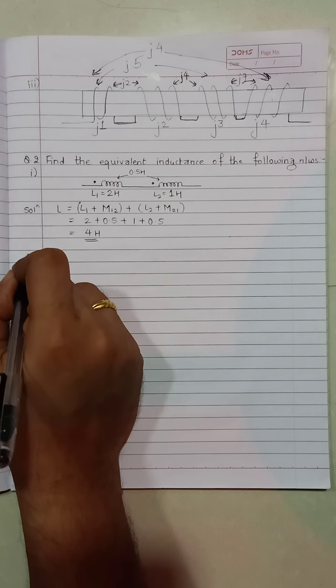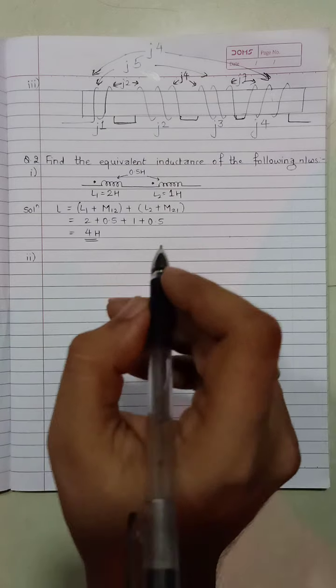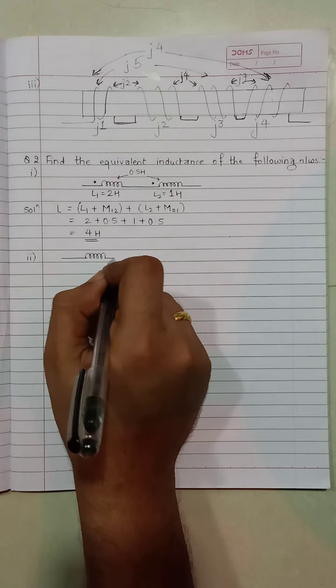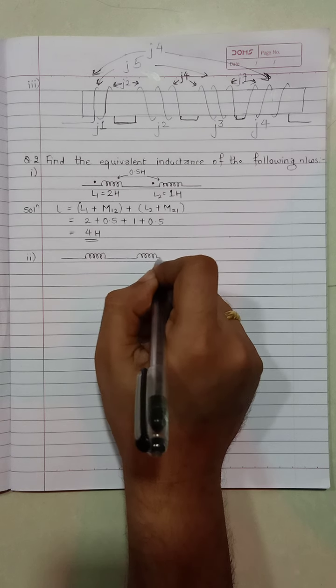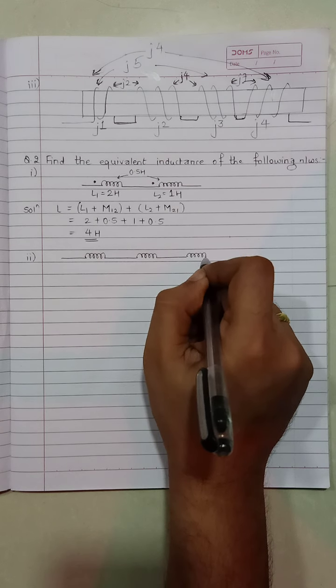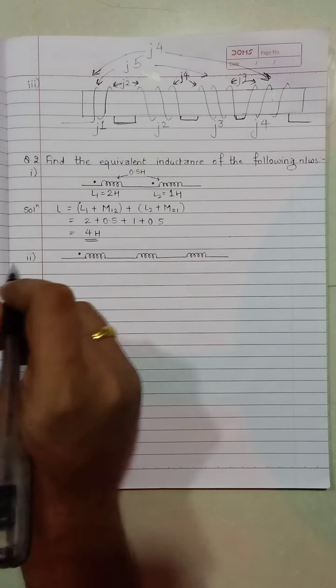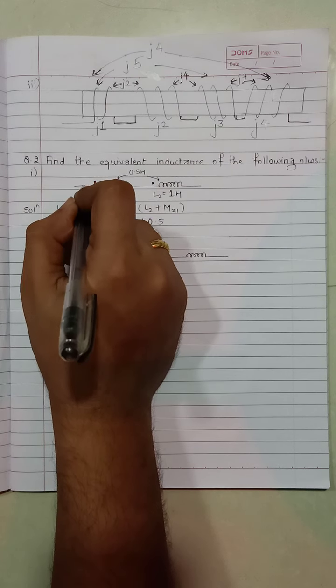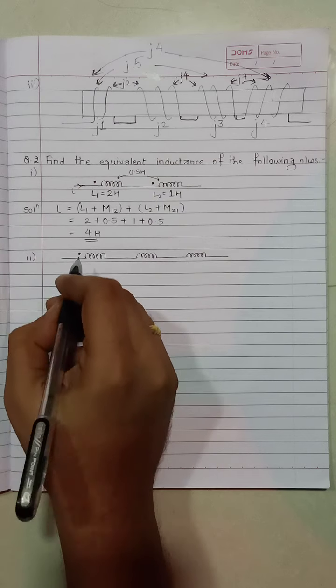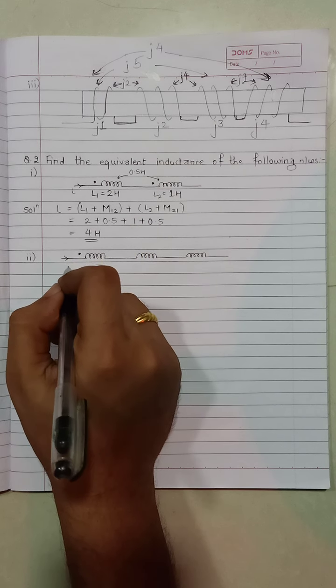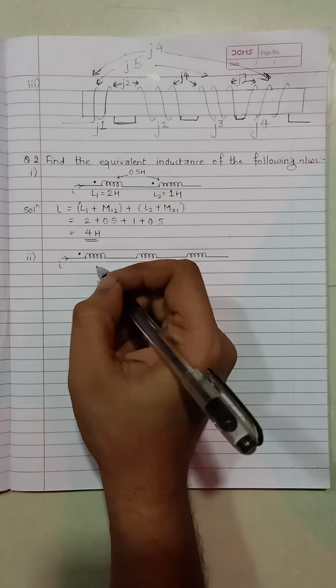Let us take another example. Here you have 3 inductors. In this case, let us assume that current I is entering from this point.